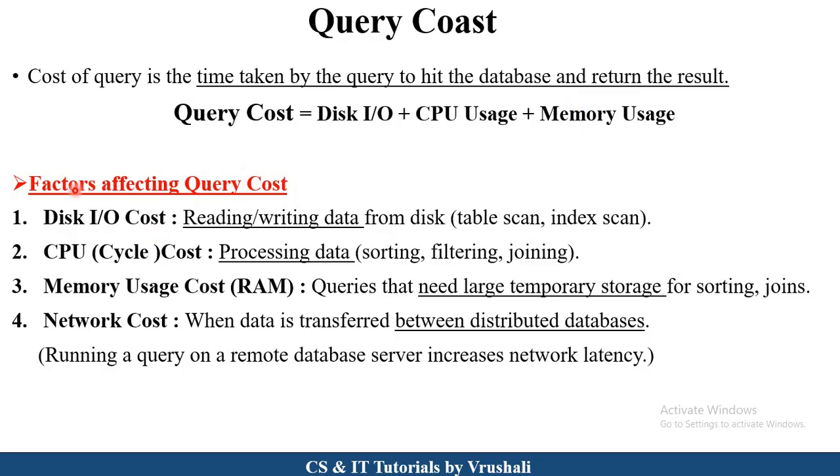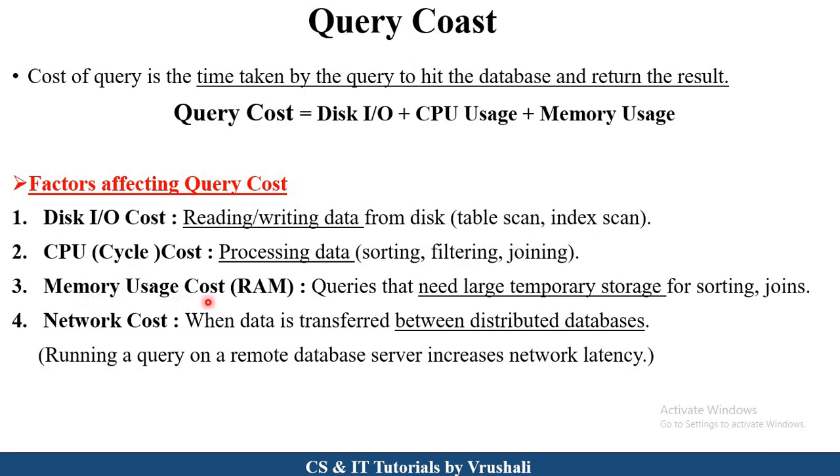Now there are different factors which affect the query cost. First one is the disk IO cost, meaning how much time is required to read and write data from the disk, meaning how much time is required for table scanning and index scanning. Next one is the CPU cost, how much time is required for processing the sorting, filtering and joining conditions.